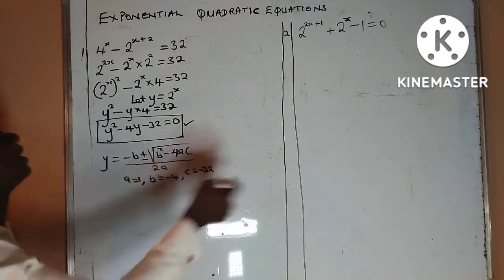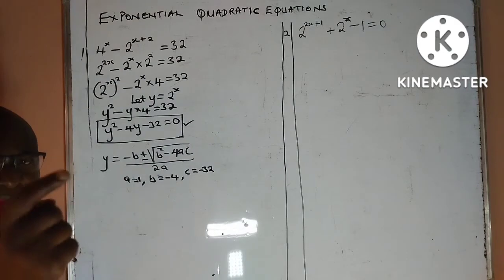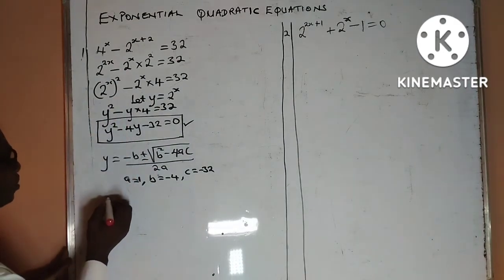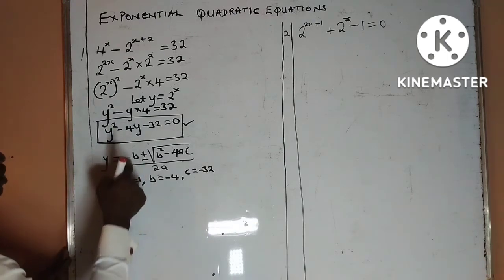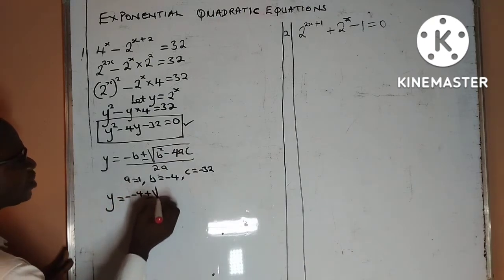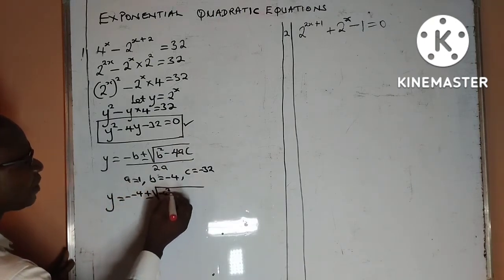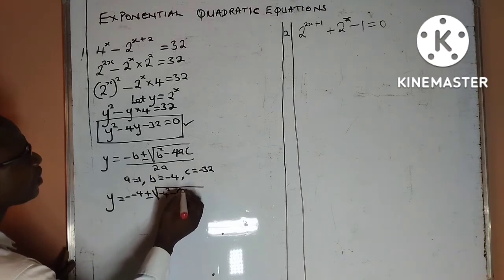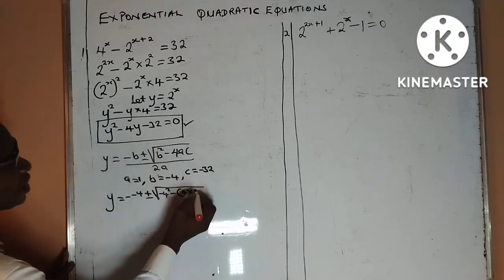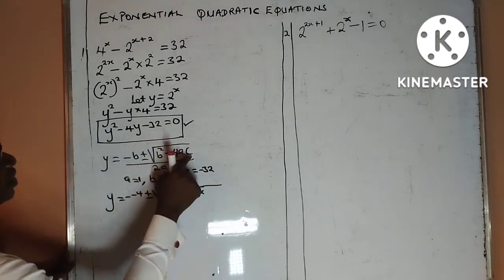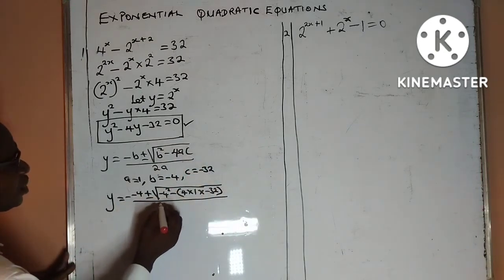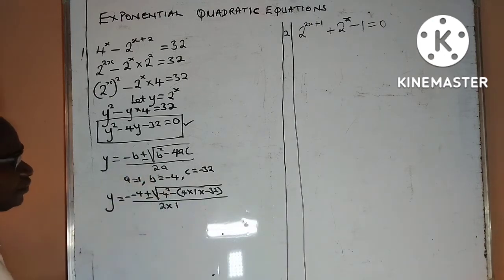When I get that value of y, I come and plug it in here, I will get the value of x as required by the question. So, let's dive in. So we have substitution. b is minus 4. I have minus of minus 4, plus or minus square root of minus 4 raised to the power 2, minus, bracket open, 4 in the formula times my a, which is 1, then times my c, which is minus 32, everything all over 2 times a, which is 1.